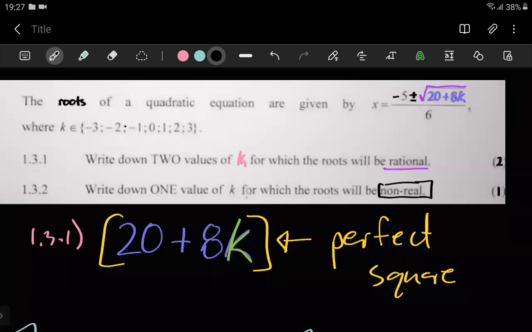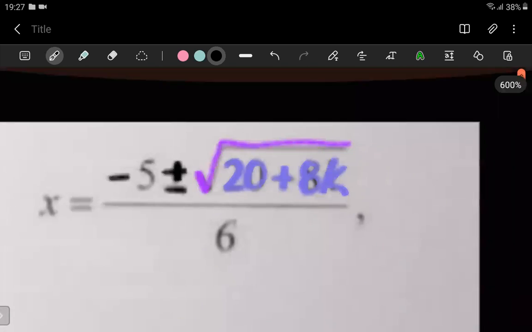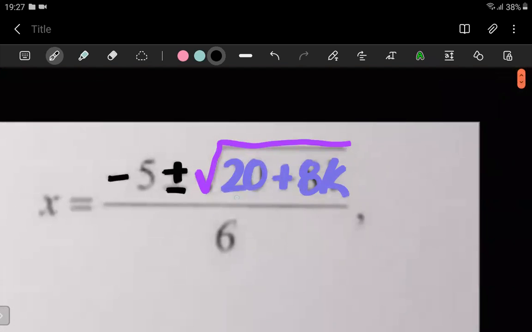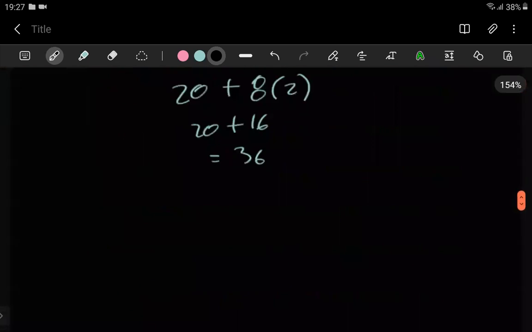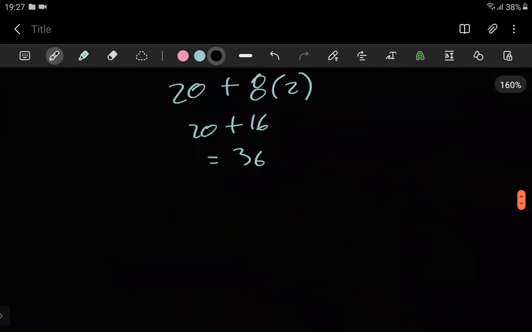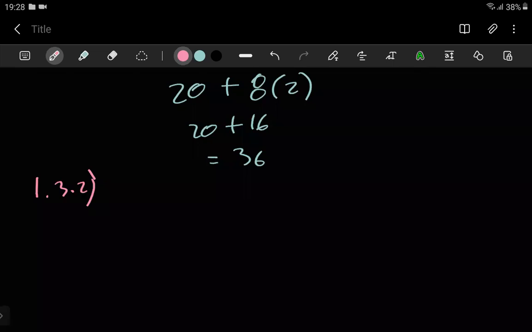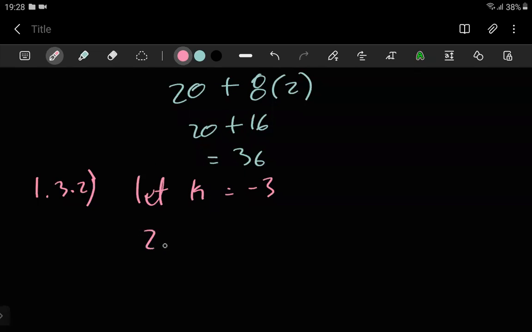But then if you choose -3, you see, if k is -3, then automatically you're going to have here 8 times -3, which is -24. And then 20 minus 24 is going to give you a negative number, which would result in you having non-real roots. So for 1.3.2, one thing we can say here is let k equal -3.